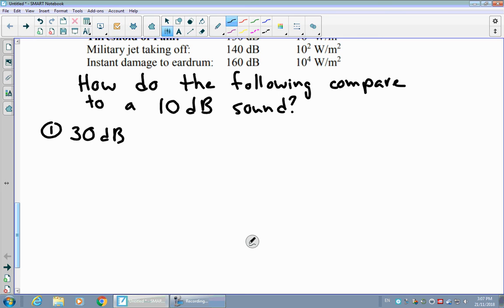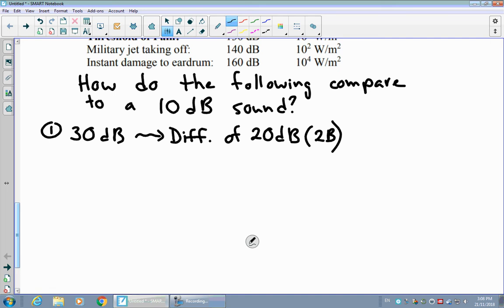Well, what does that tell us? Well, a quick little calculation tells us that we have a difference, which I'll just put a short form of diff for difference. We have a difference of 20 decibels, because we went from 10 to 30, so we have a difference of 20 decibels. But remember, 20 decibels is really 2 bells.